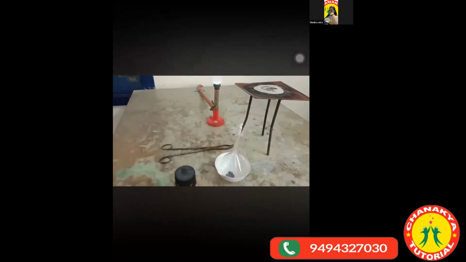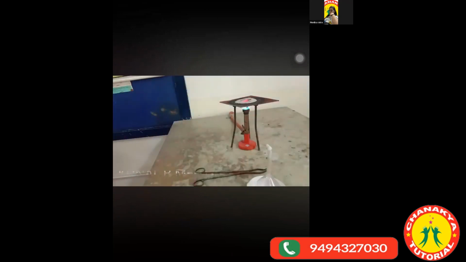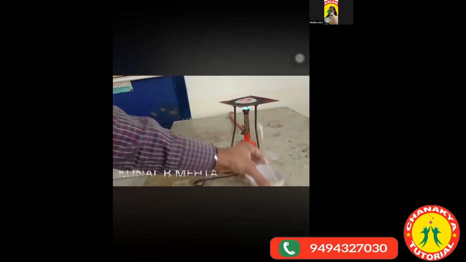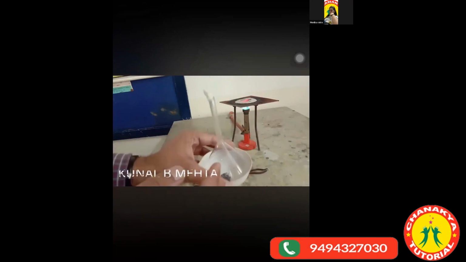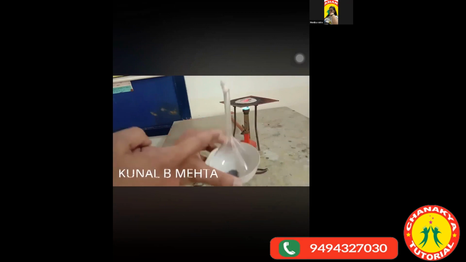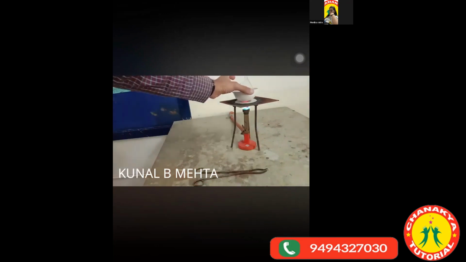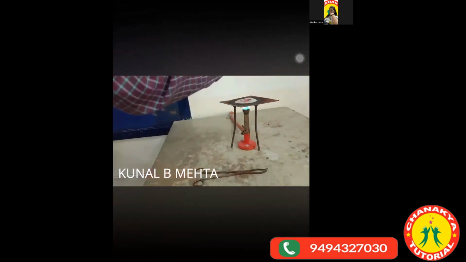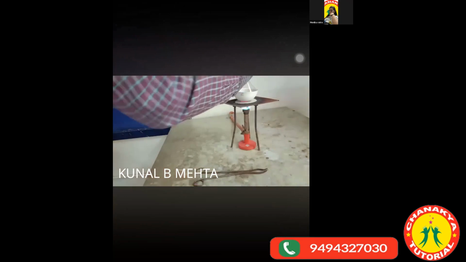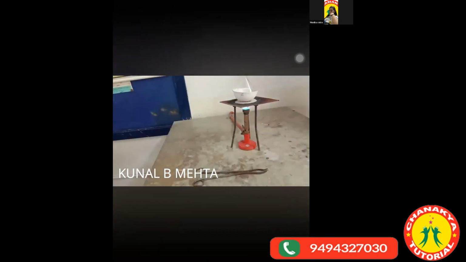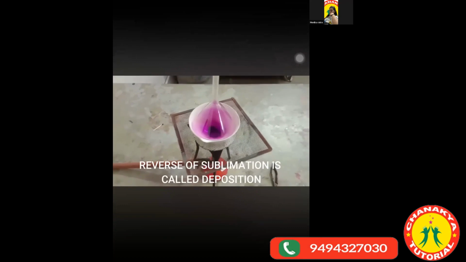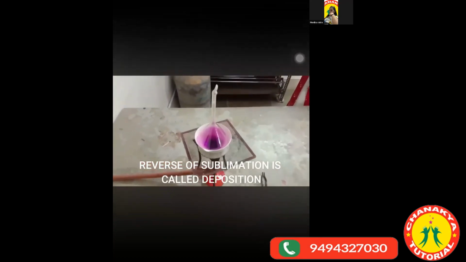So now let's start the experiment. I'm going to mount this entire setup on the Bunsen burner. I have ensured that whatever fumes due to sublimation are produced must not escape, so that's why we are putting this cotton over here. Now let's see what is going to happen. As you can see, the purple fumes of iodine have started to come out, and I don't want these fumes to escape.